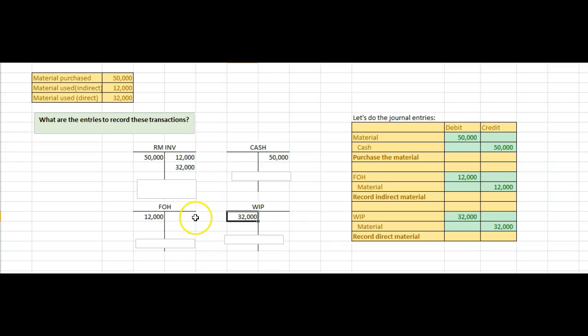Now, eventually you're going to have, this is actual inventory, actual factory overhead, and this is applied. So when we get all done with all of our adjusting and everything, you're going to have applied, and let's say it's 13,000.